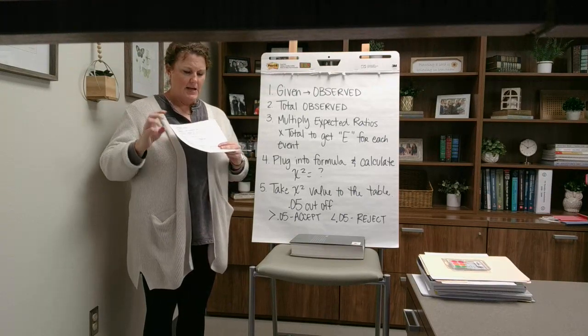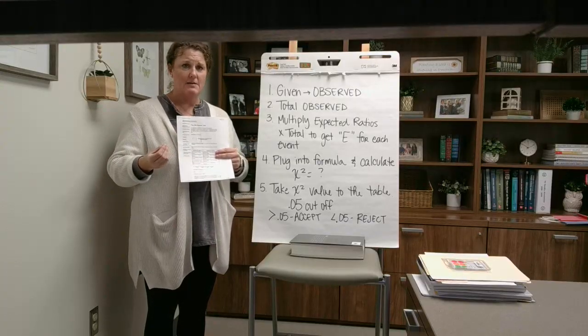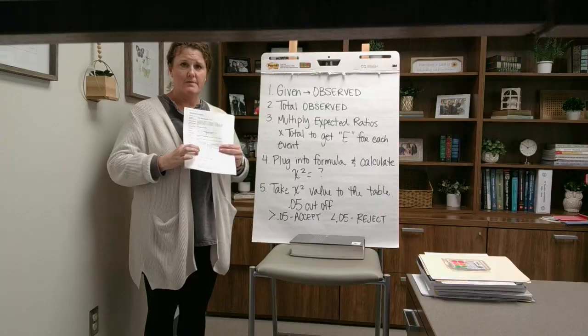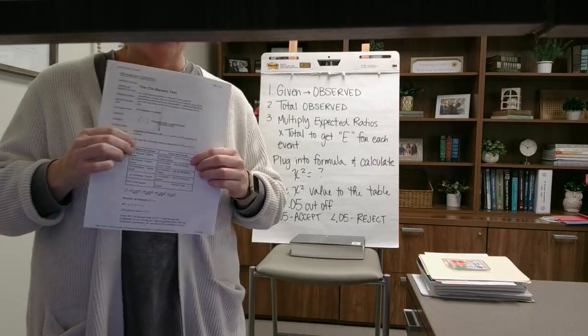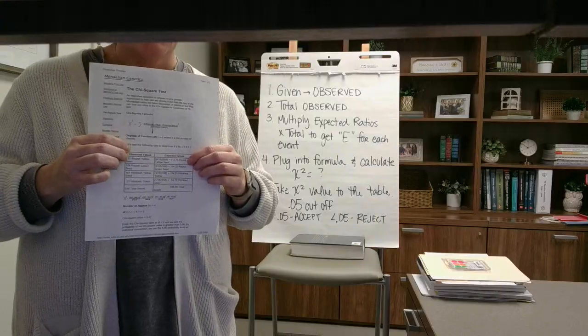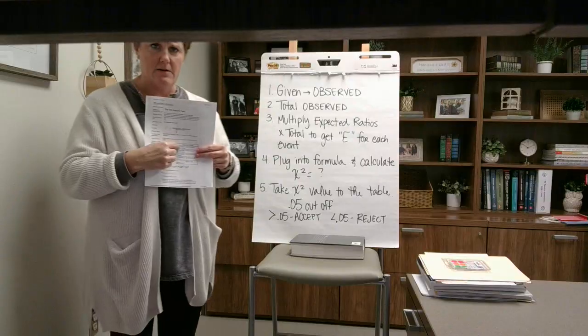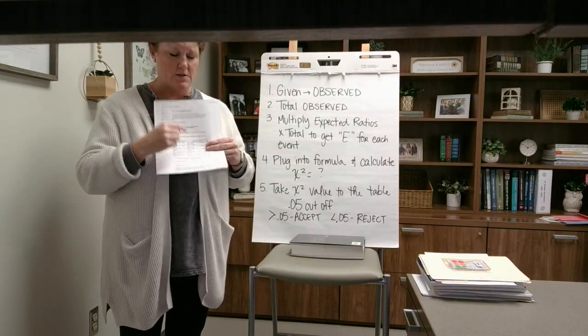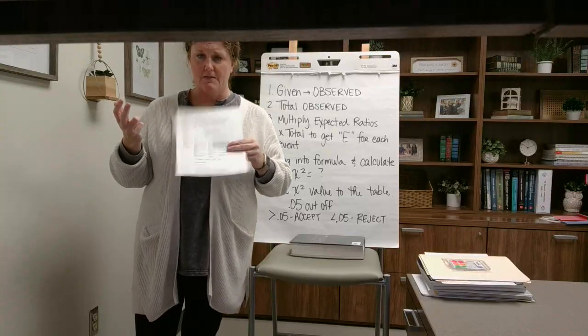And so to get my E value for the first one, I do 9 out of 16 times the total, which was 556. And once again, this front page, it's already been done for you, so you can always go back to this paper and kind of see the steps. So to calculate my E values, I multiply the expected ratio times the total. And so you can see I got 312.75.